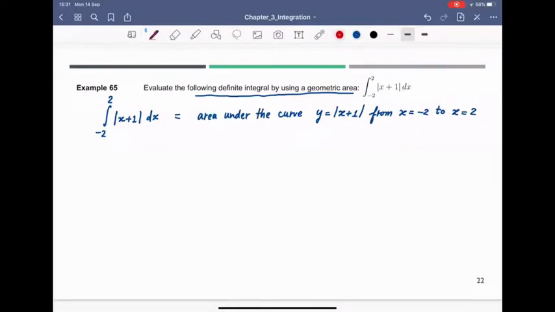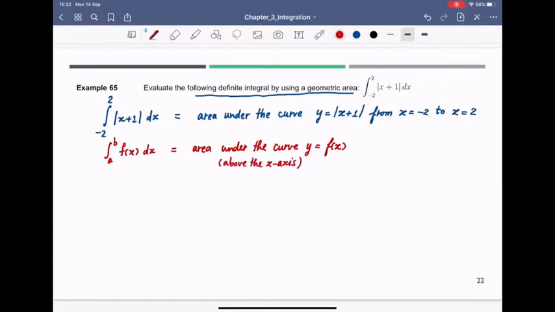The definite integral from a to b of f(x) dx is the area under the curve, well, I should say above the x-axis. Area under the curve y equal to f(x) above the x-axis from x equal to a to x equal to b.